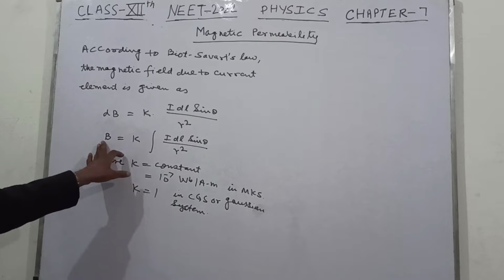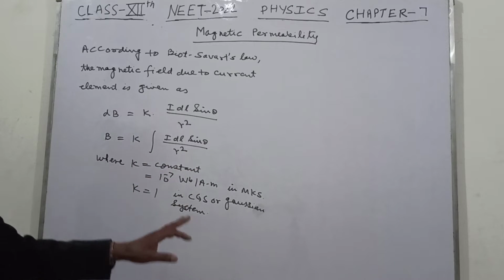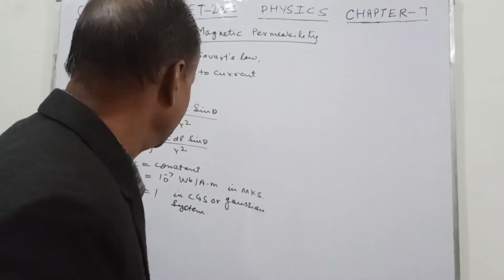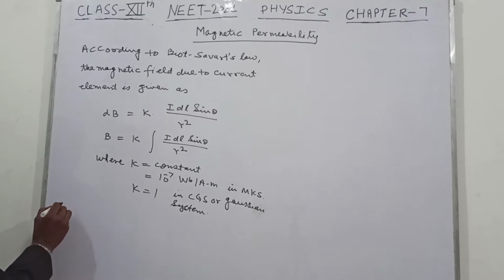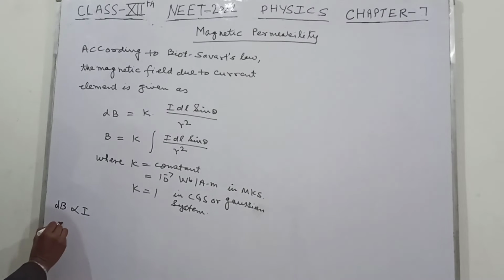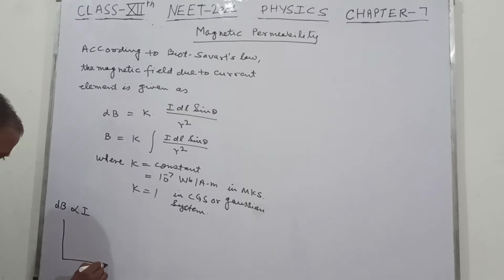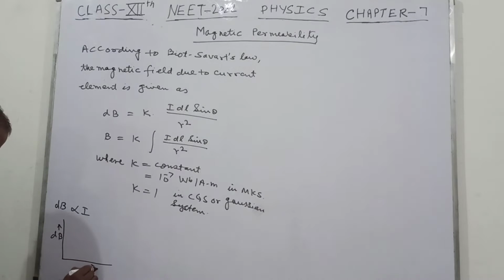Now we have to find the variation of B with I, dl, sin theta and r square. If we take dB proportional to I, then we have a straight line.